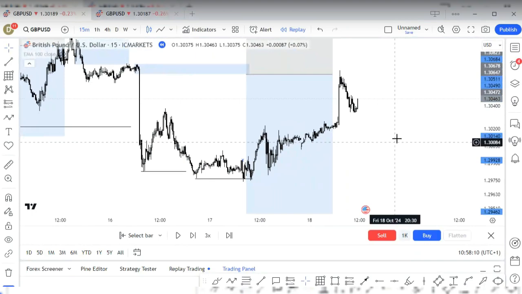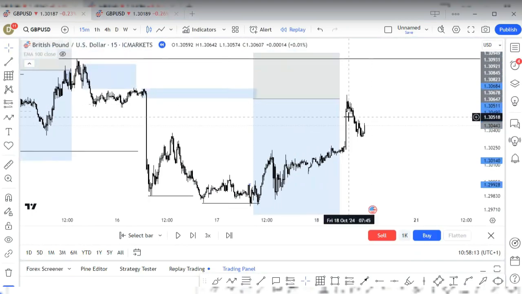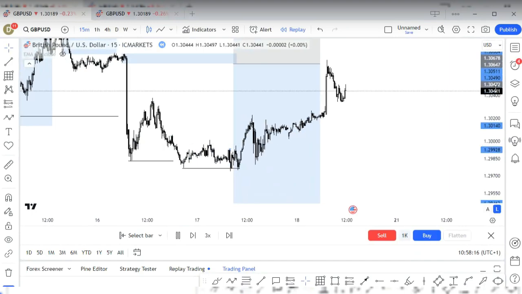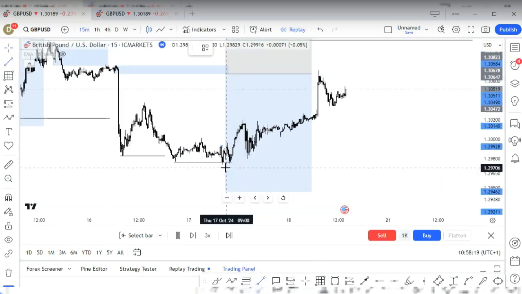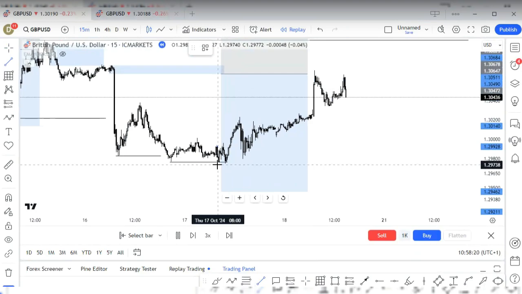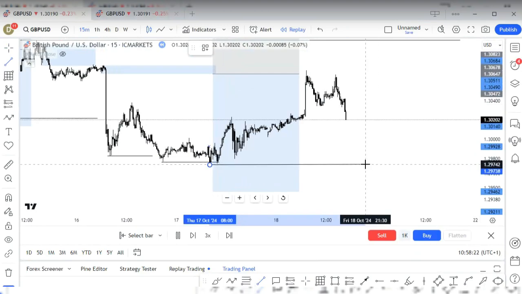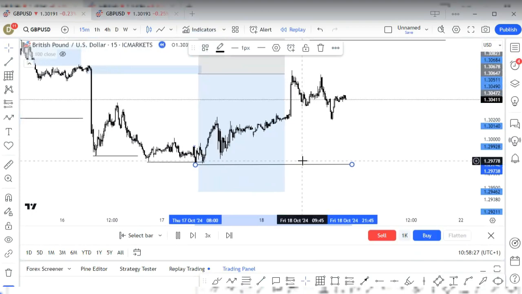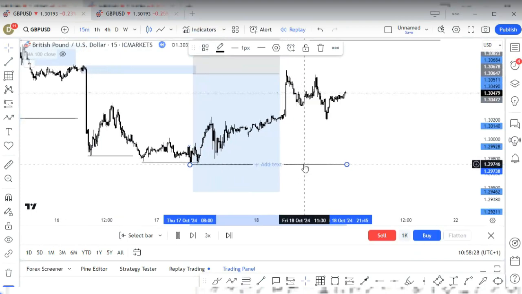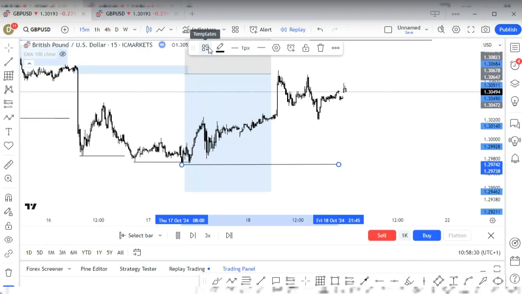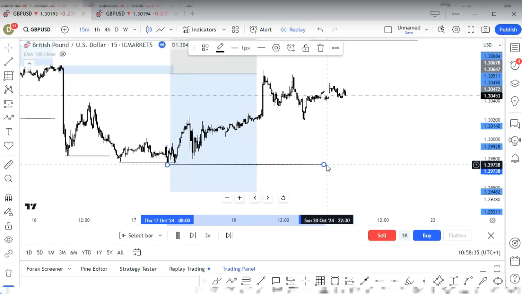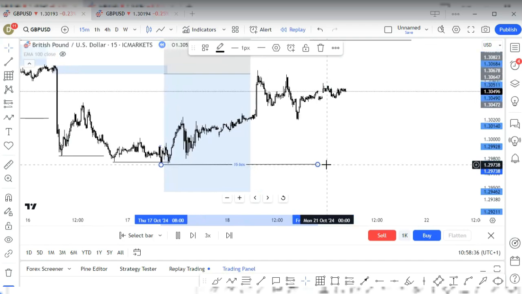Market reacted, and you see market start pushing down. As at the time I'm recording this video, this is the situation of the market. If the market closes below here, we have break of structure.